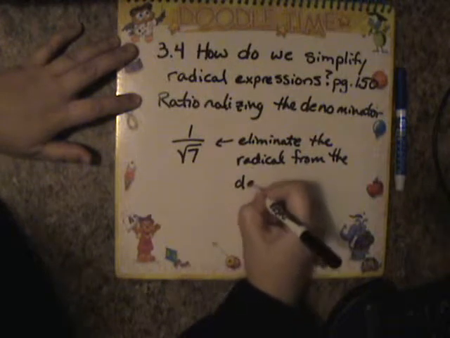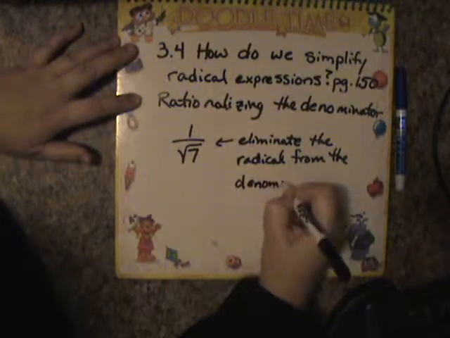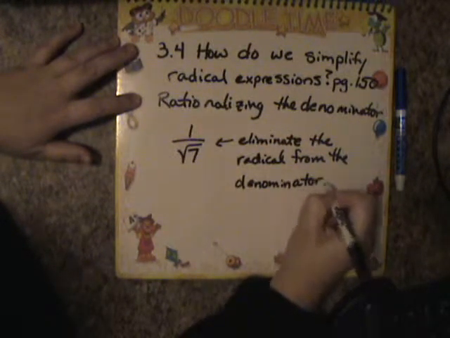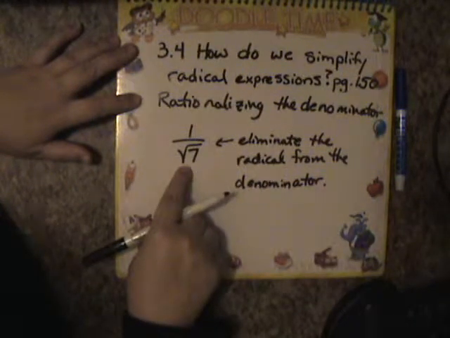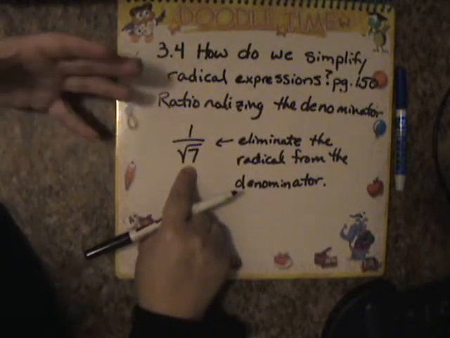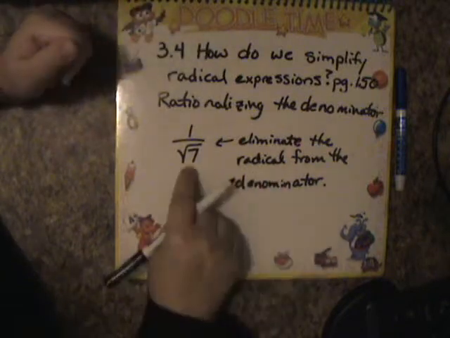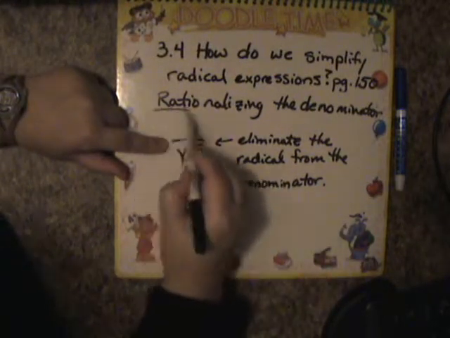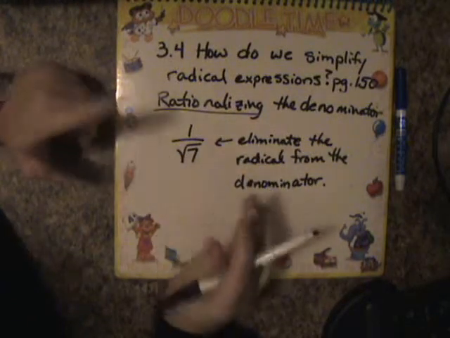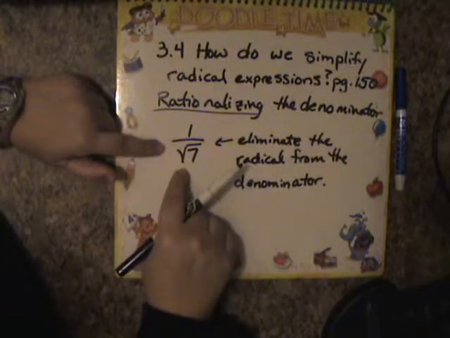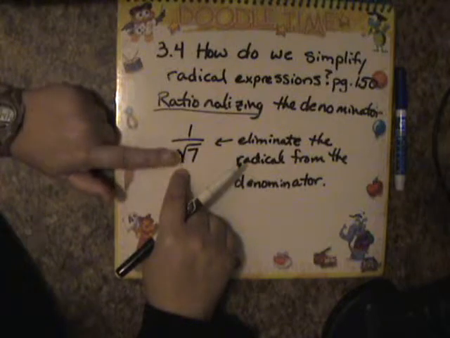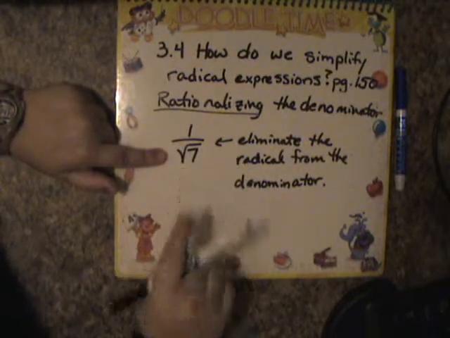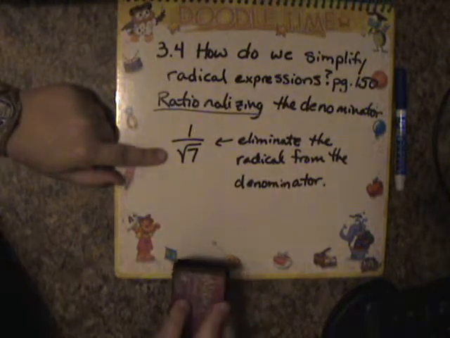And the reason why we call it rationalizing is because the square root of 7 is an irrational number. And we do not want to divide by an infinite number that goes on and on forever. So we would rationalize it, and then 7 is in the denominator. That is why we do it, because you just don't want to divide by a number that goes on forever and ever. It is irrational.